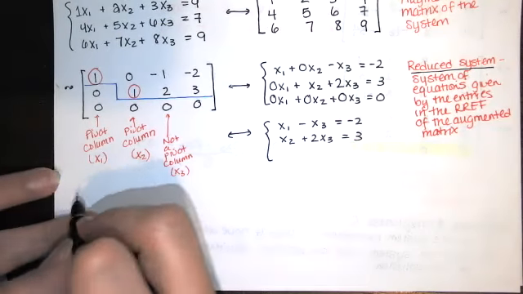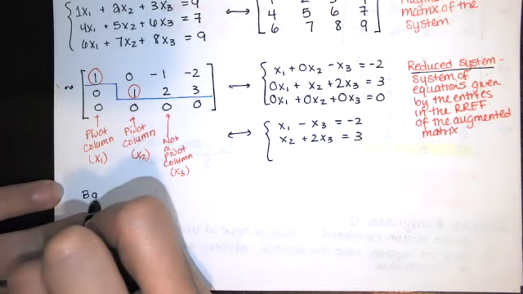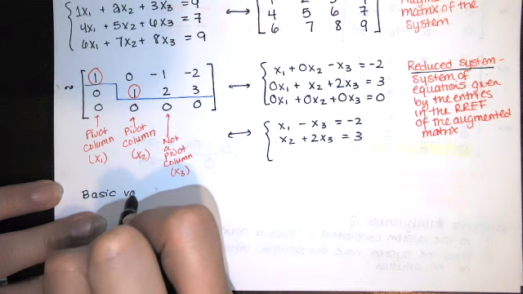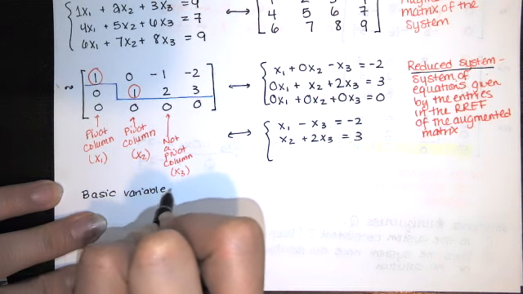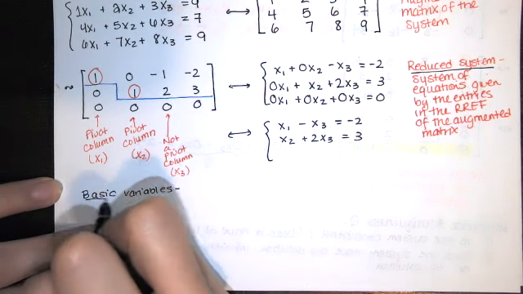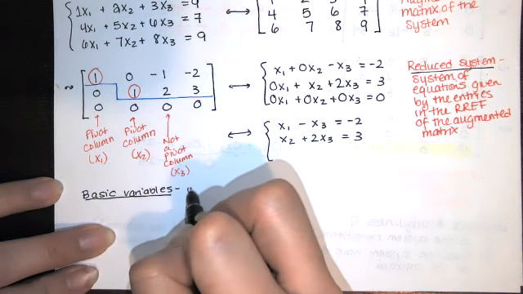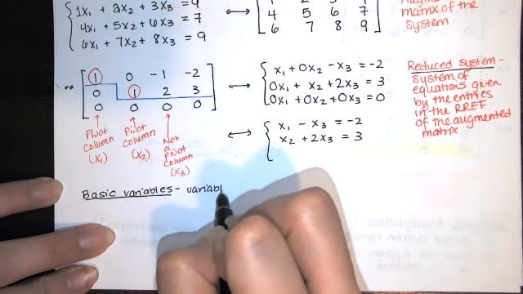We can use this to define some new terms. Basic variables are variables in pivot columns.